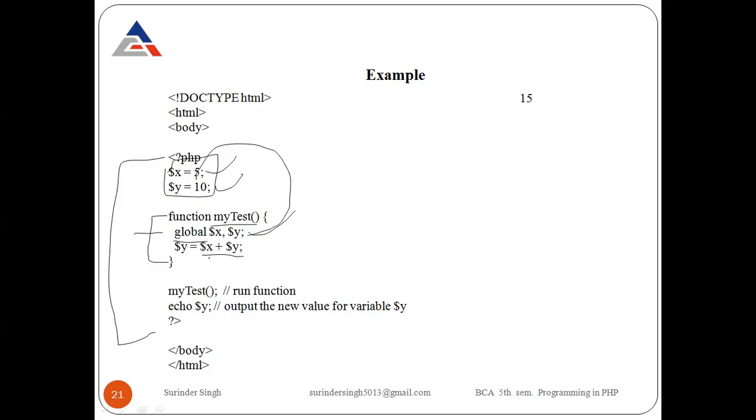And here we are adding X plus Y, and then the result will be stored in Y. When this code is executed, the function call statement transfers control here, and after executing, the control returns to this statement, and here we are printing Y. Clear? Y is what? A global variable.